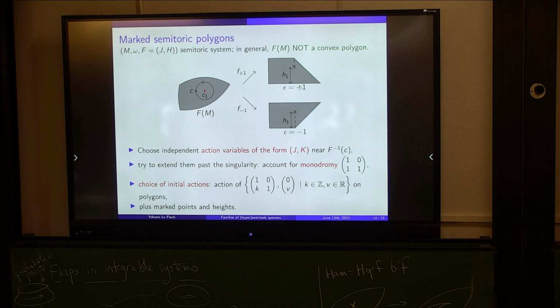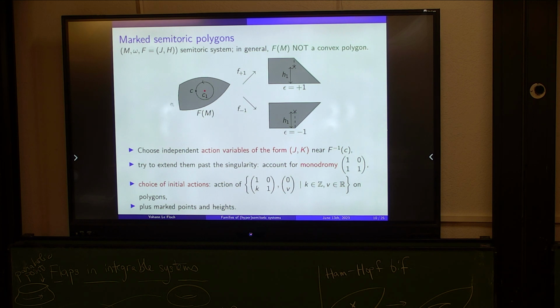I was too lazy to draw them. There was no room on the slide. But let's try to be naive. Let's start at some regular value and take some action variables near the corresponding fiber. We already have one action, which is J, so take these action variables of the form (J, K). Then try to extend them naively to above every point of the momentum map image.